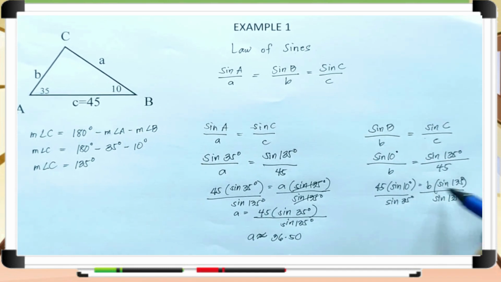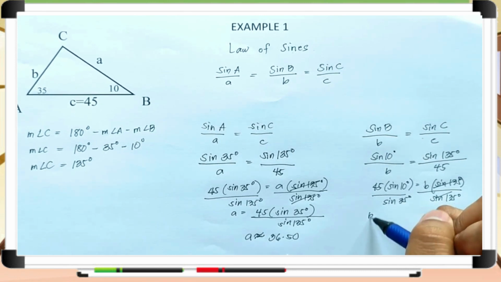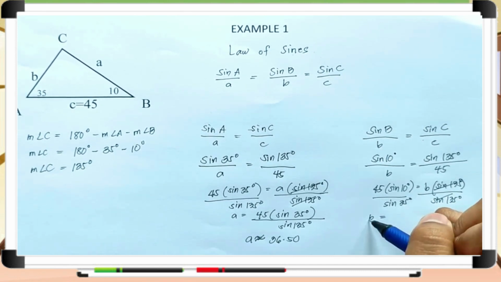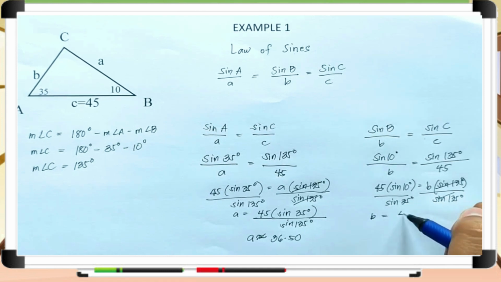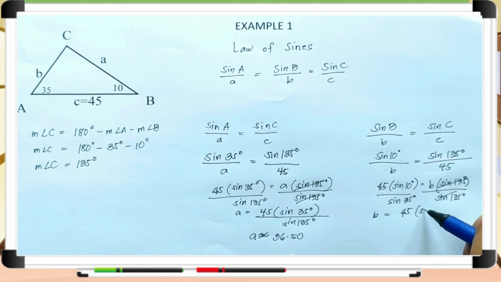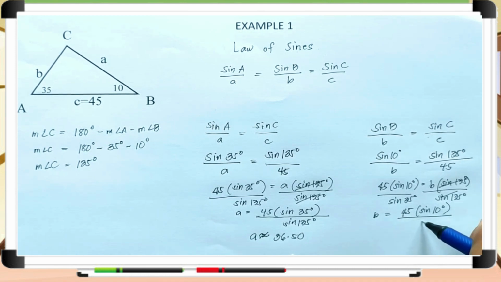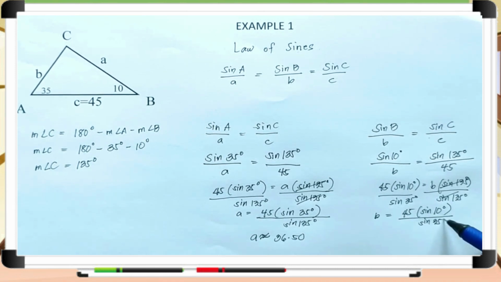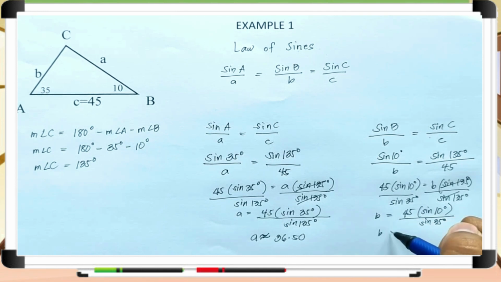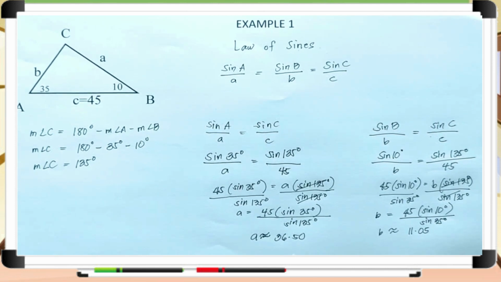We have now B is equal to 45 times sine 10 degrees over sine 135. So B is approximately 11.05.